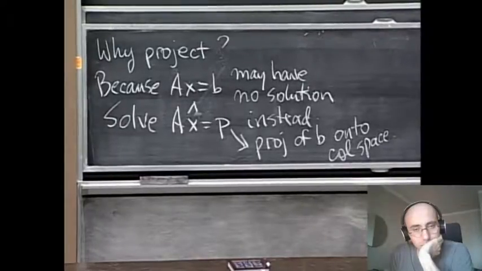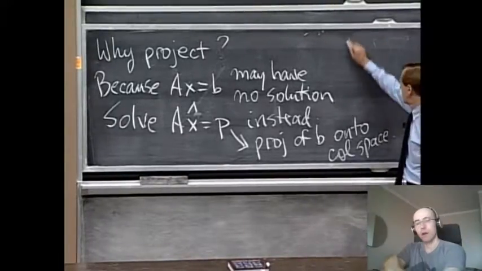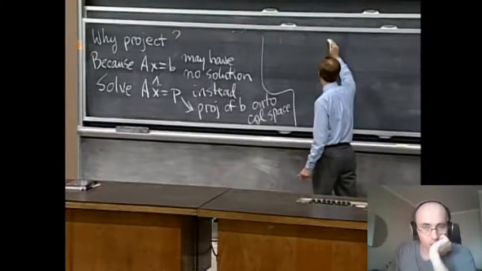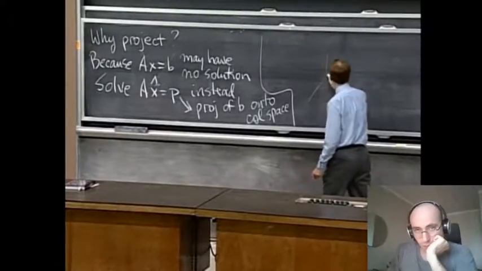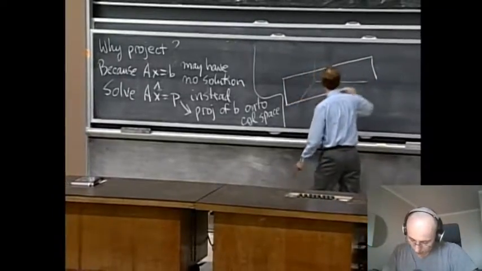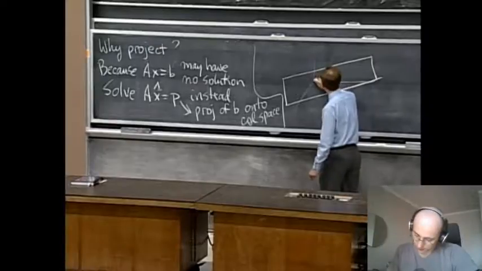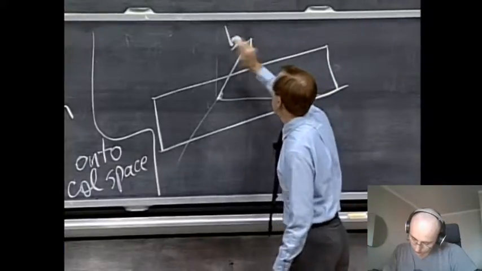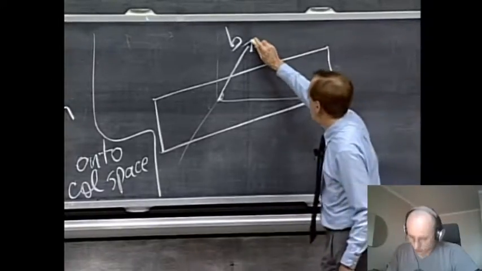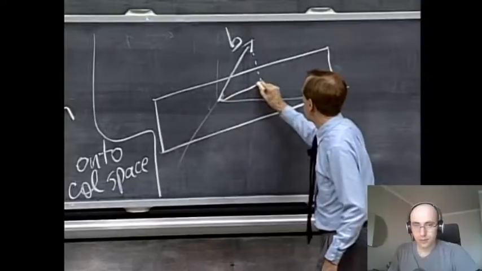Now I've got that problem again. But let me say I'm in 3 dimensions. So I have a plane, for example, and I have a vector B that's not in the plane. I want to project B down into the plane.